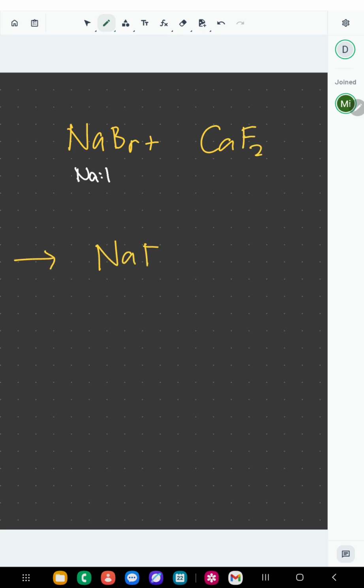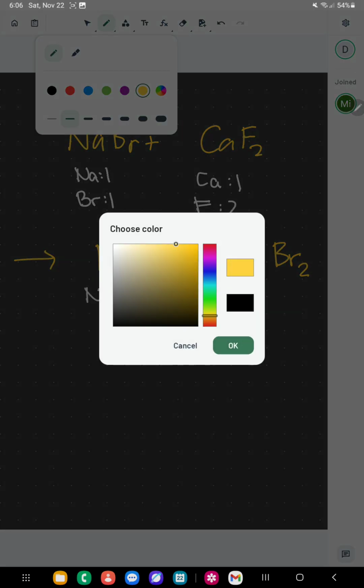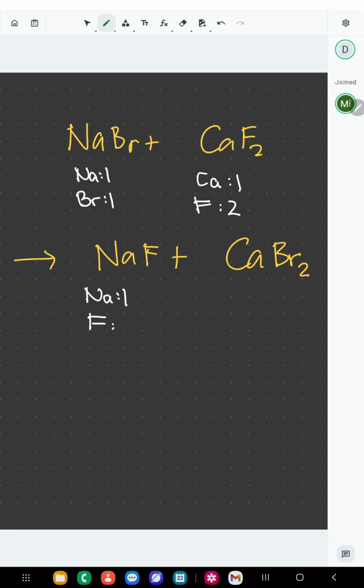So we have sodium bromide plus calcium fluoride. Then it produces sodium fluoride plus calcium bromide. Calcium, bromine, Br2, CaBr2.